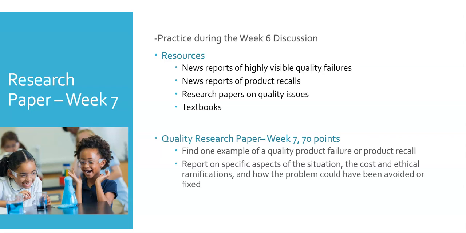And you report on specific aspects of that situation. Report about the cost and ethical ramifications and how the problem could have been avoided or fixed. And the major point of this is to apply everything that you've learned about quality management and quality management terminology, concepts, and ideas to a particular quality failure.